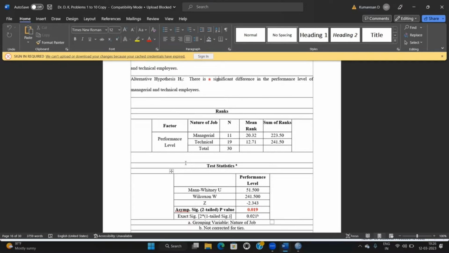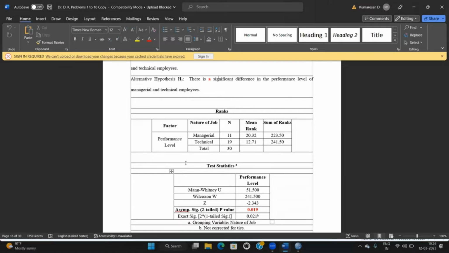Based on that logic, here we are given the mean ranks of managerial and technical employees. What is the mean rank of managerial employees? It is 20.32. What is the mean rank of technical employees? It is 12.71.